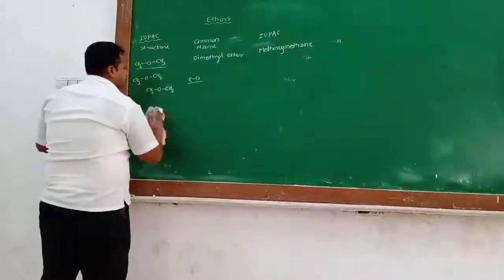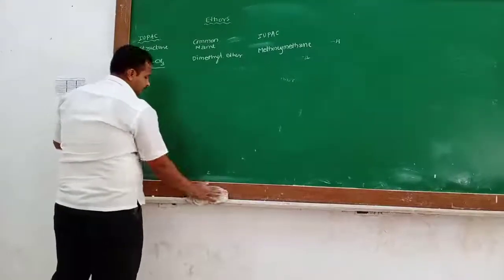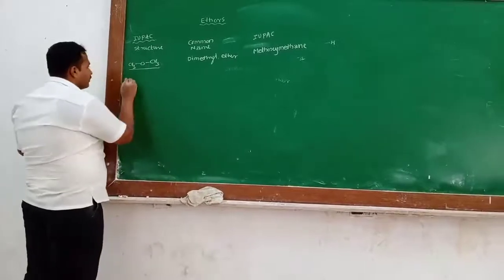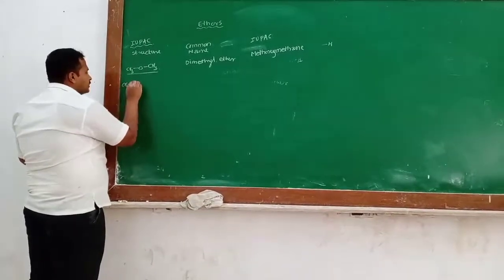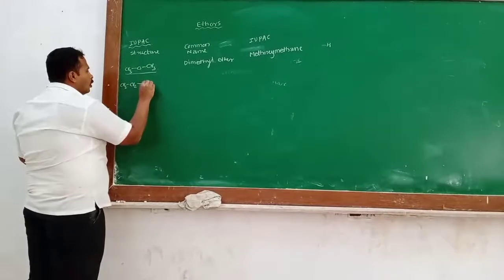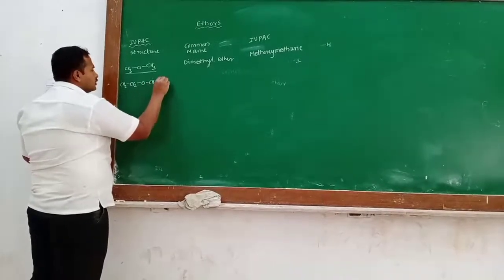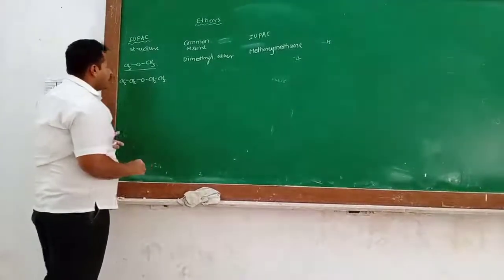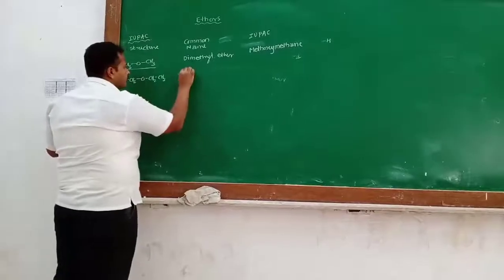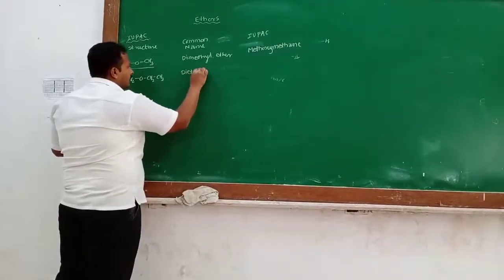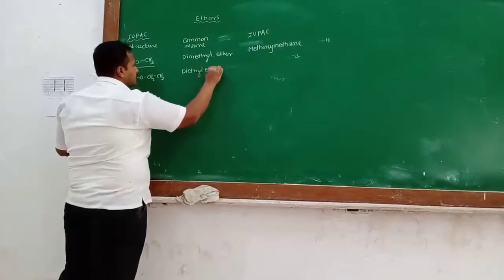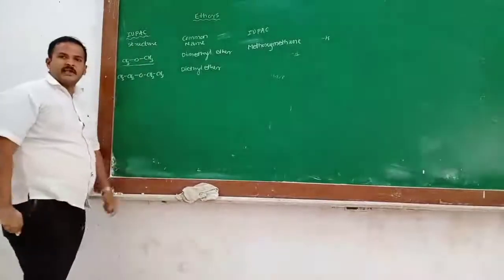Next, CH3CH2OCH2CH3. The common name is diethyl ether.